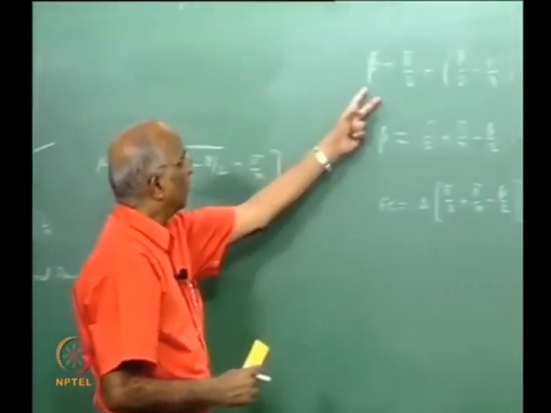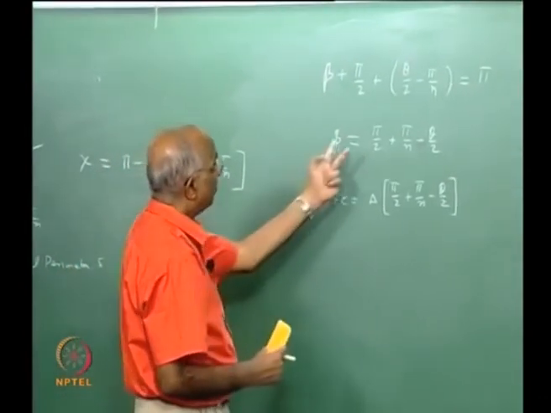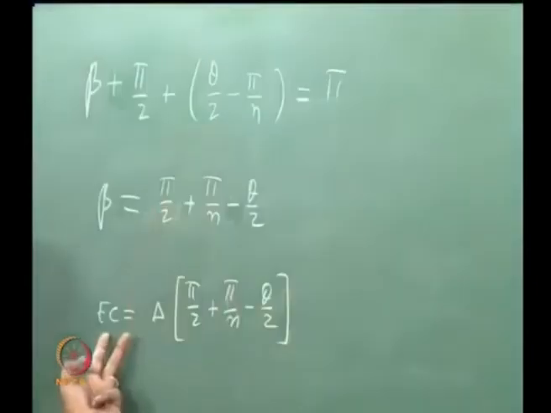Beta plus pi by 2, and this value theta by 2 minus pi by n is pi, and therefore this becomes positive on this side, this becomes negative, and therefore EC is equal to this value.